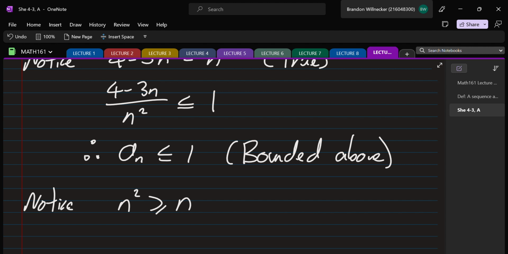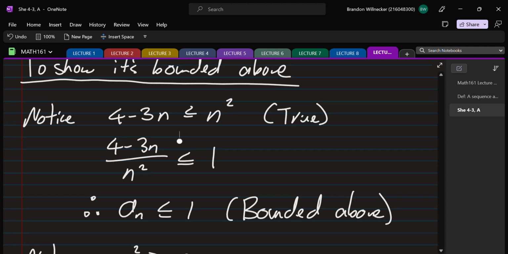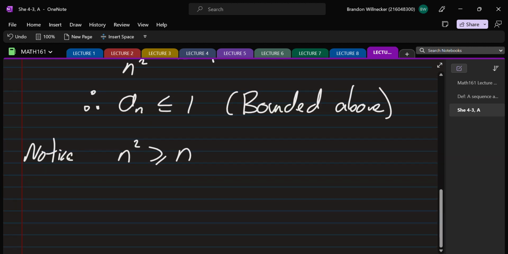So why did I choose these values? Well, our n squared is going to take the role of the denominator, and this n is going to be in the numerator. Since we have n squared in the denominator and n in the numerator, this is a good starting point.